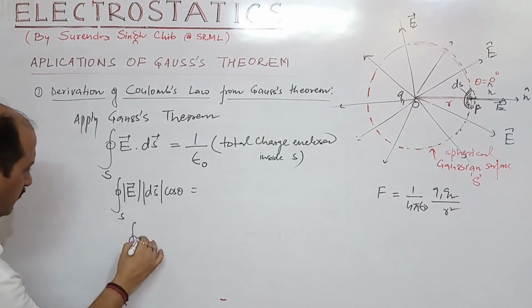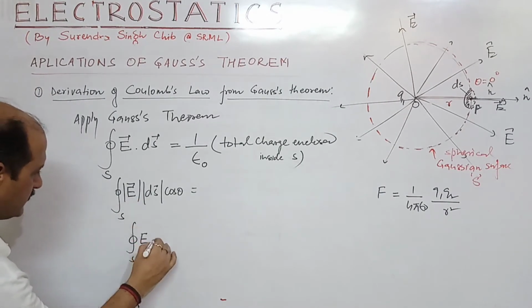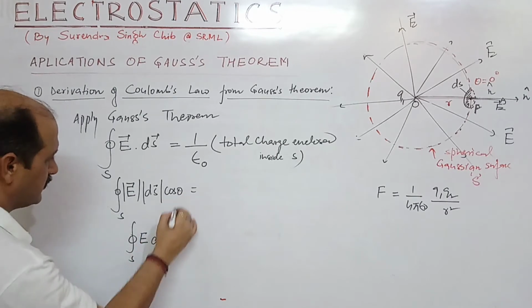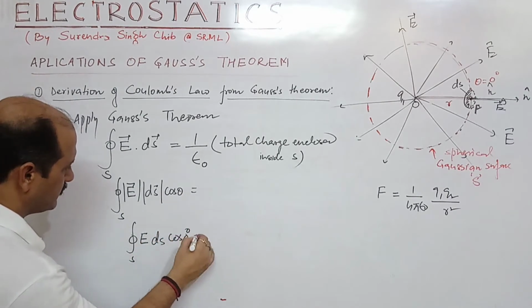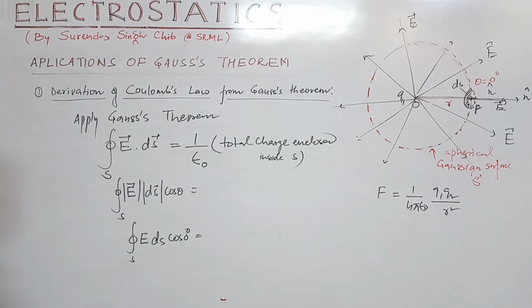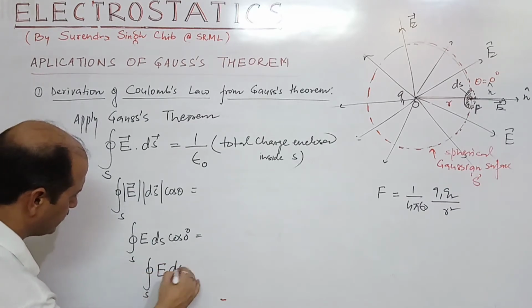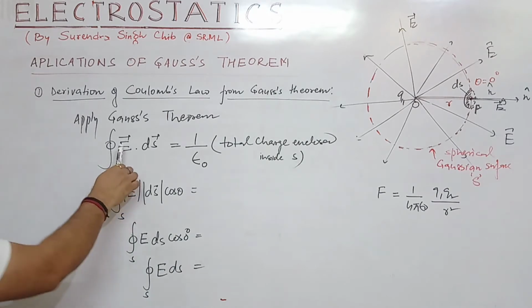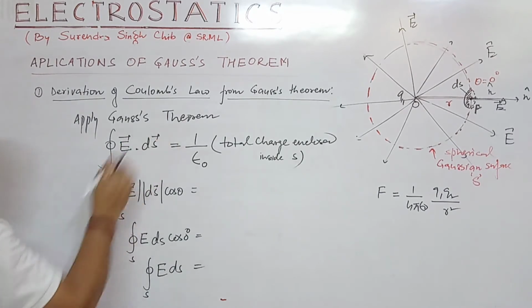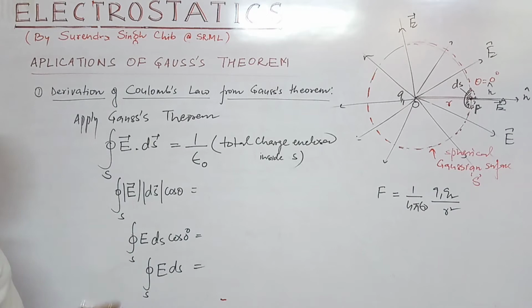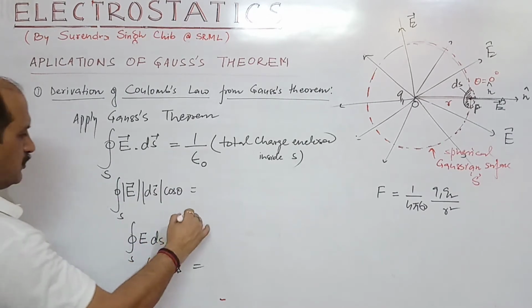Electric field, ds. What is cos theta here? Cos 0 degrees. What is cos 0? It is 1. We have E ds. See here E vector dot ds vector. We apply the dot product. E ds cos theta. Theta is 0. Cos 0 is 1. Cos 0 कितना होता है? 1 होता है. We have E ds.